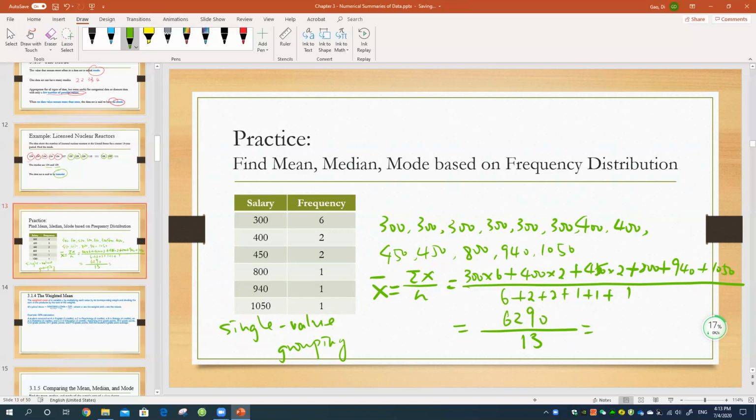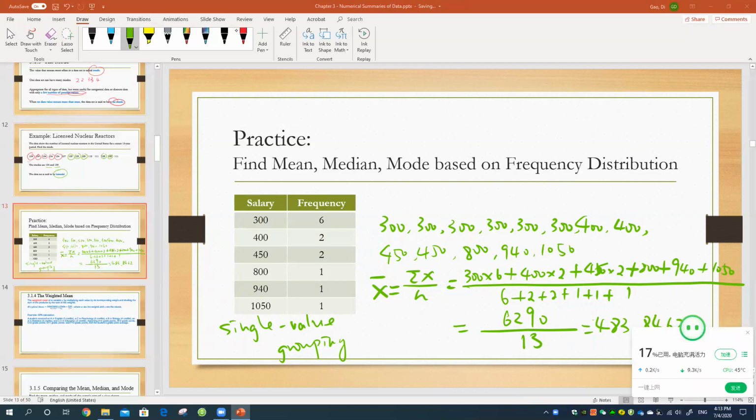Then 6290 divided by 13. That's 483.8462. That's the mean.